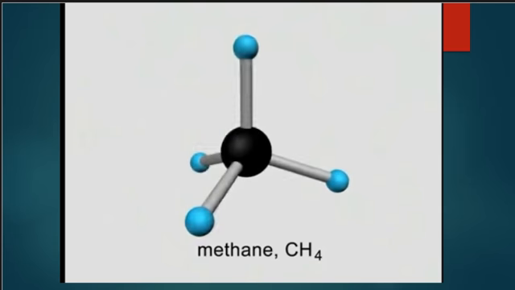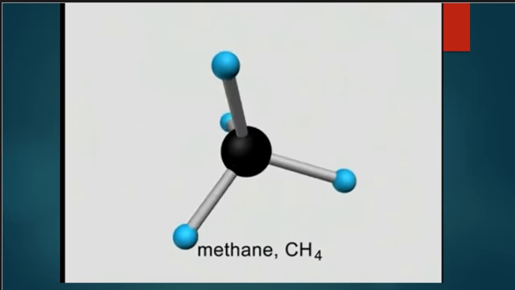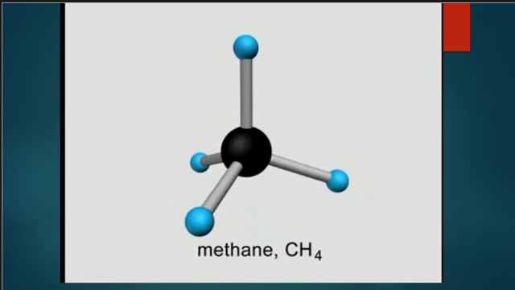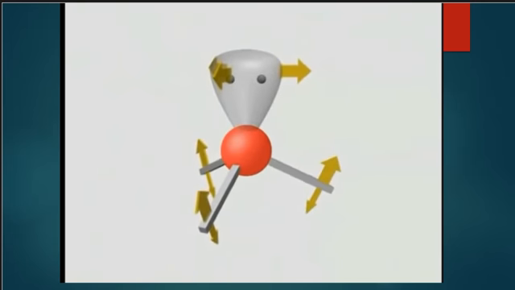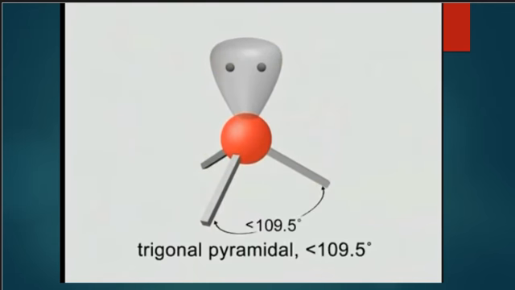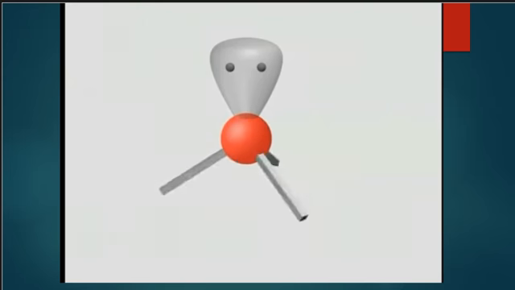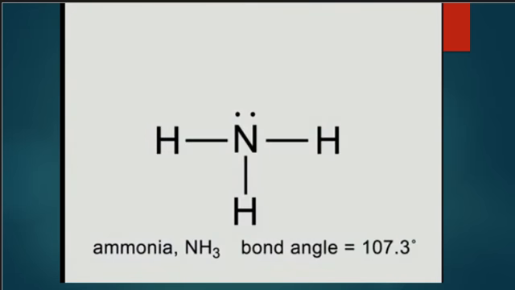An example is methane, the simplest hydrocarbon. With one of the four electron groups a lone pair, the shape is trigonal pyramidal. Since a lone pair exerts greater repulsions than a bonding pair, the bond angle is less than 109.5 degrees. Ammonia is a common molecule with this shape.